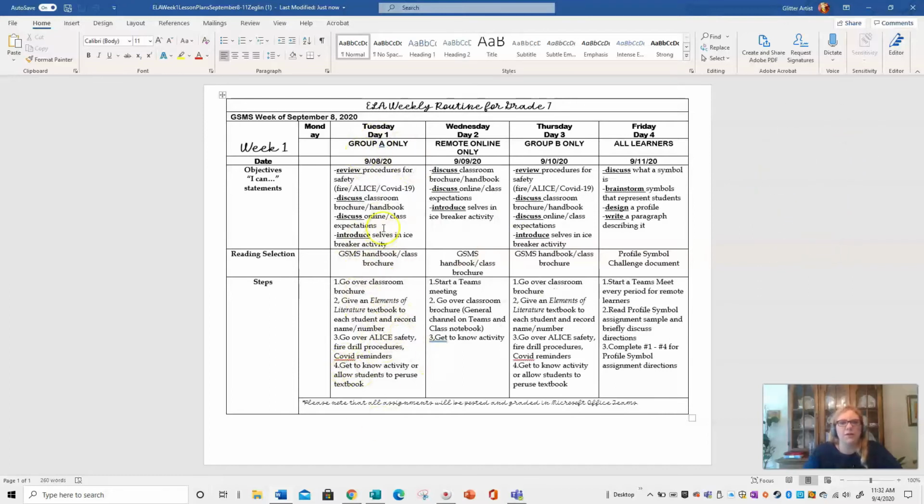Looking at our first week schedule, Tuesday is Group A students only. Wednesday is remote only, and we will be following our regular class schedule, not the shorter Wednesday check-in schedule. I have not set up those meets yet since they're typically not going to be at that time, so you will get a notification right when that class starts.